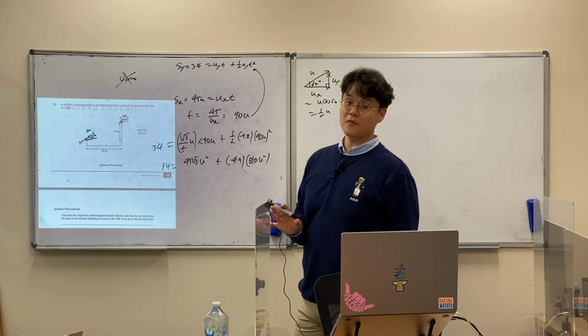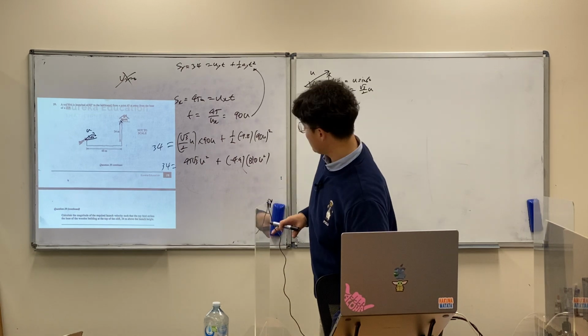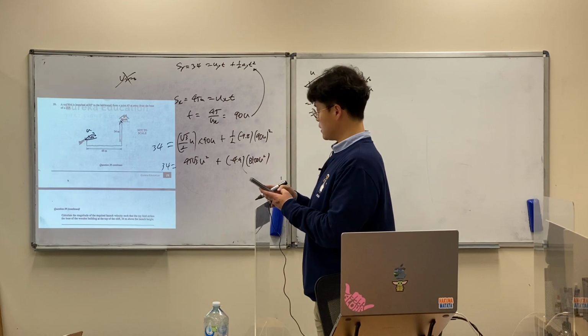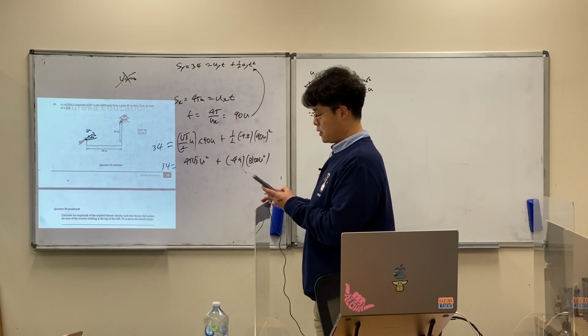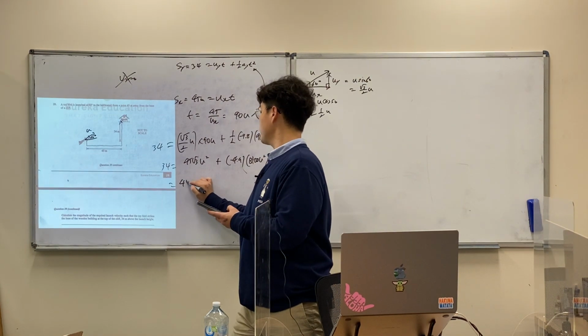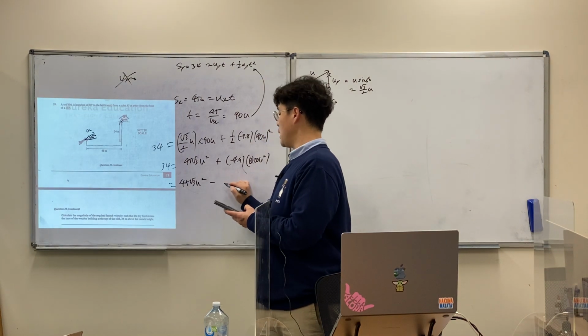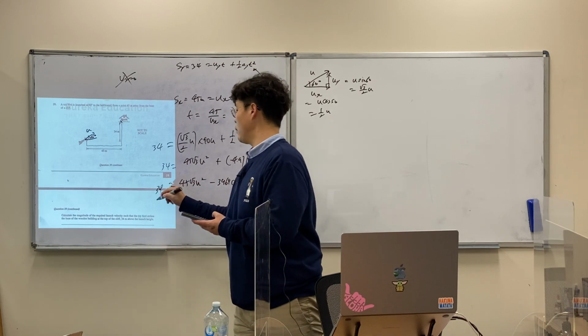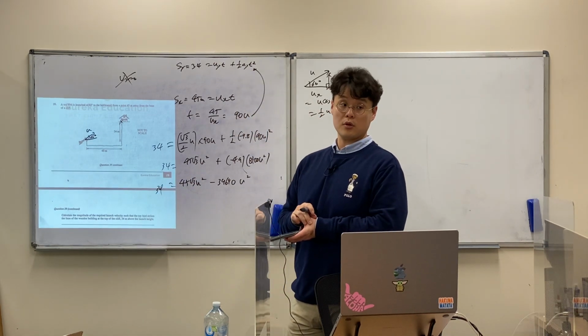Looks confused? So what is 90 squared? Oh, actually 8,100. That times 4.9. So that's 45 root 3 minus 39690 over u squared equals 34. Good up to here. Okay.